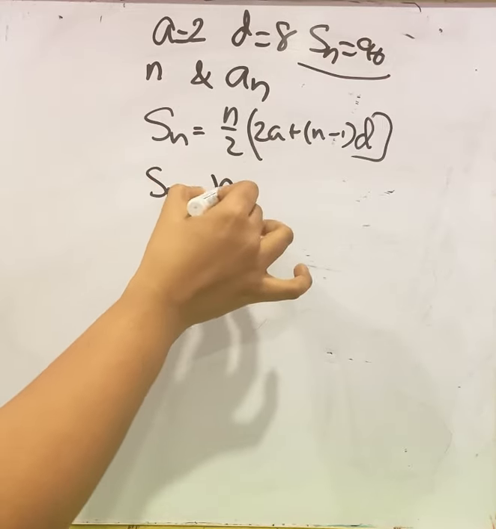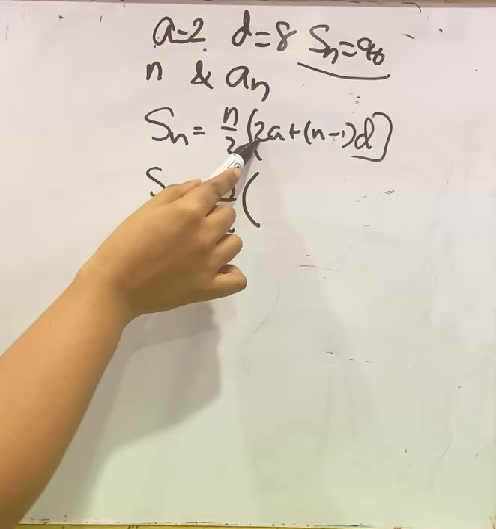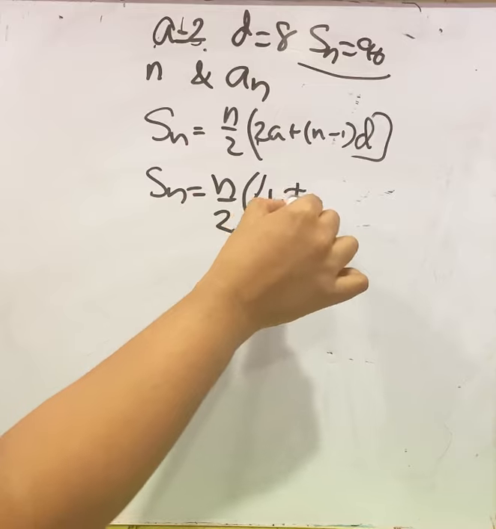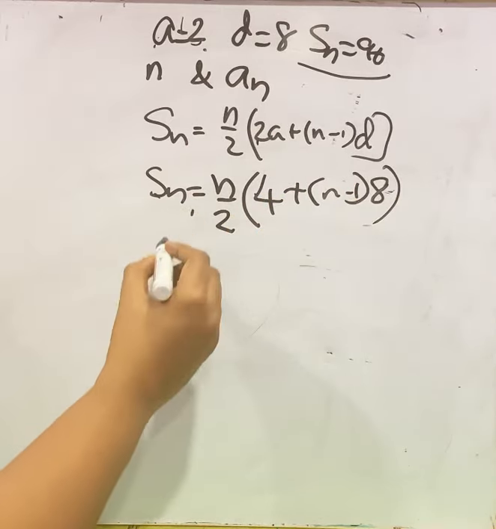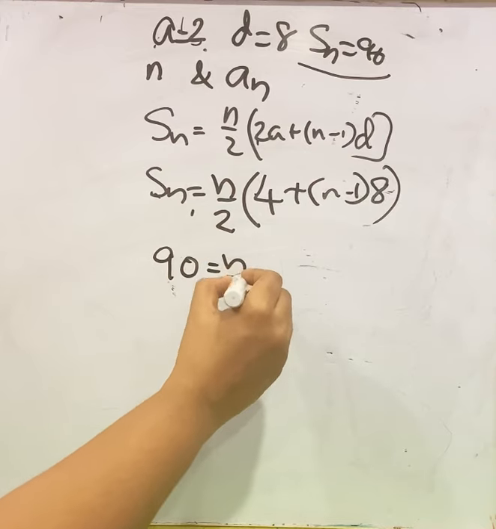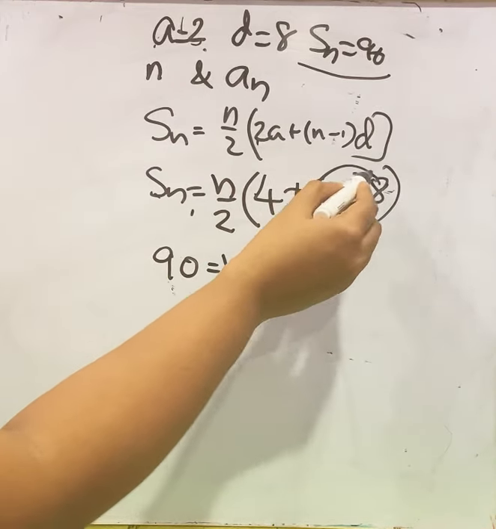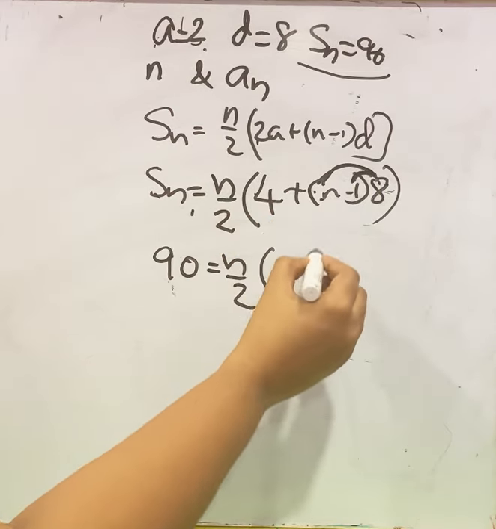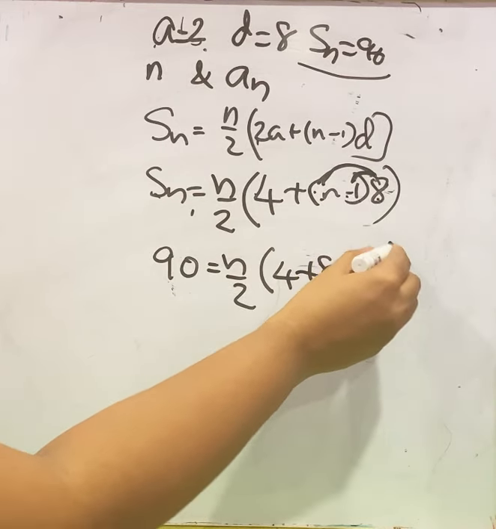Sn equal to n by 2 into 2a, that is 2 into 2, 4, plus n minus 1 into d is 8. Sn we have 90, so 90 equal to n by 2 into 4 plus, we can open this 8, that is distribute 8 to these two, n and 1. So 8 into n, 8n, 8 into negative 1, minus 8.